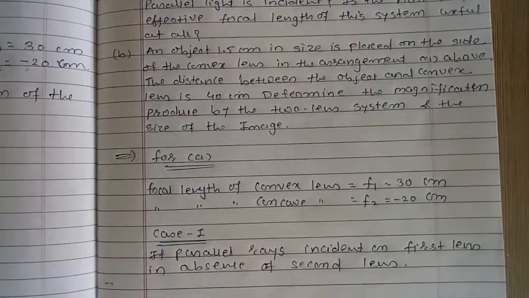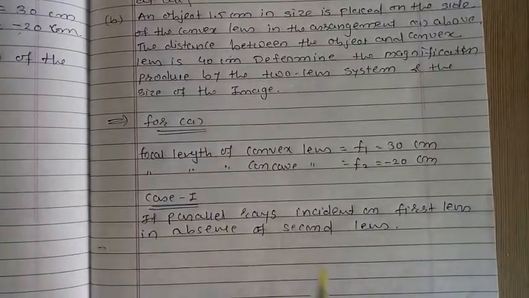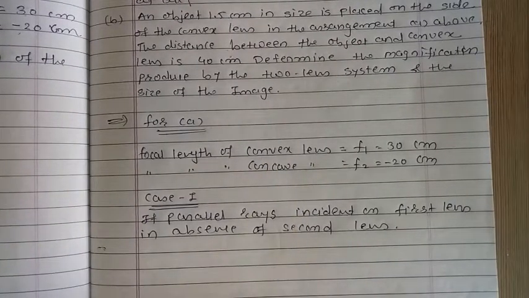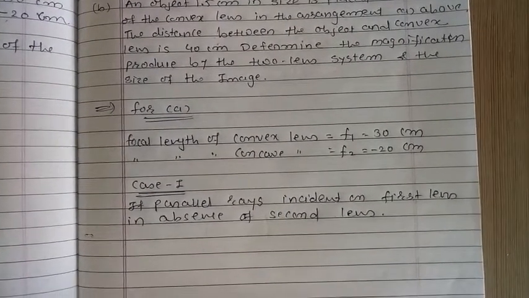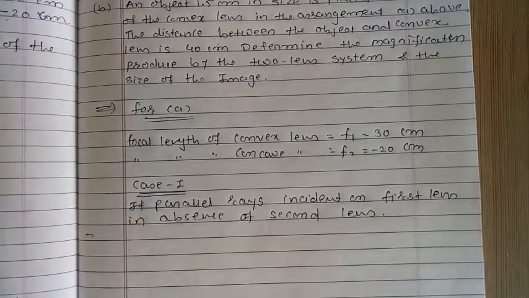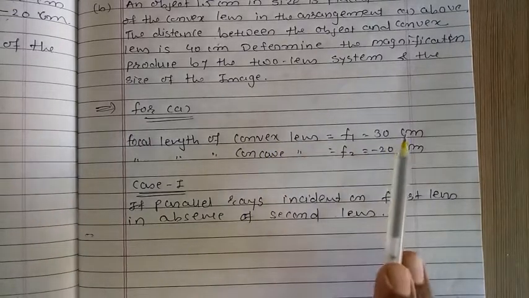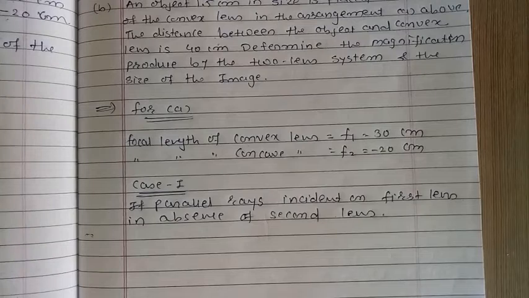Here they are incident on the first lens, which is the convex lens, right? So first of all we get an image with the help of the convex lens, and this image acts as a virtual object for the concave lens. Then we get the final image, right?